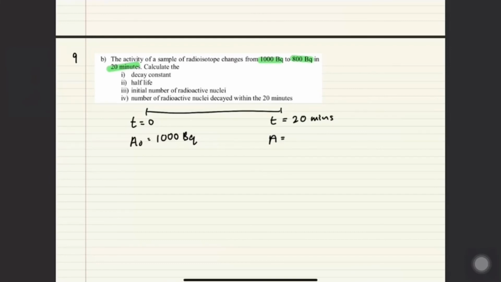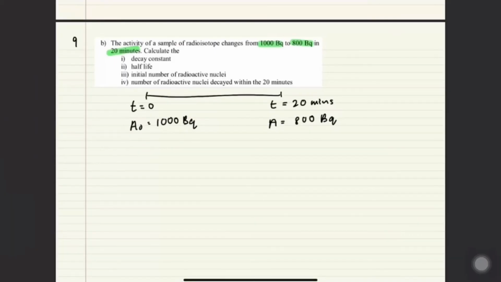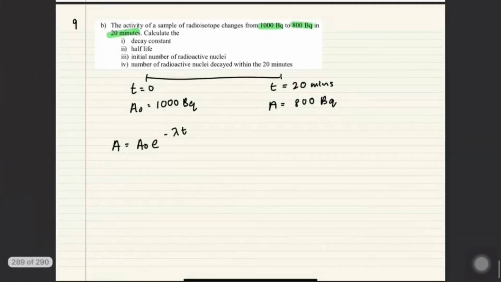Okay. The first question they want to calculate the decay constant. To calculate decay constant, you can straight away apply formula that has A naught tu. Kamu pakai A equals to A naught exponent negative lambda t. Okay.